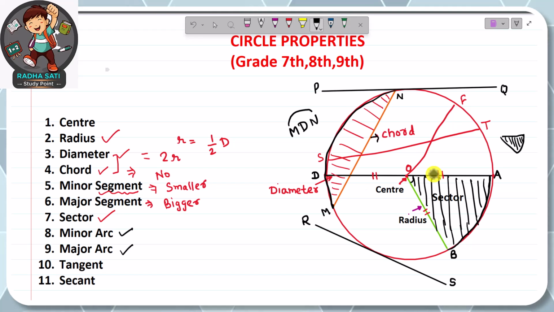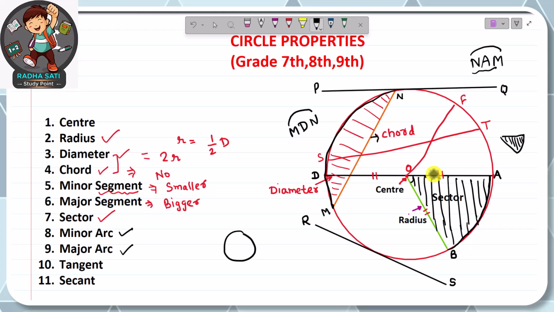So this I am writing like this, N, a single point from the center A, and M. This is our major arc. So if we are taking MN as a chord, then MDN is the minor arc, and the remaining one, NAM, is major arc. Okay.